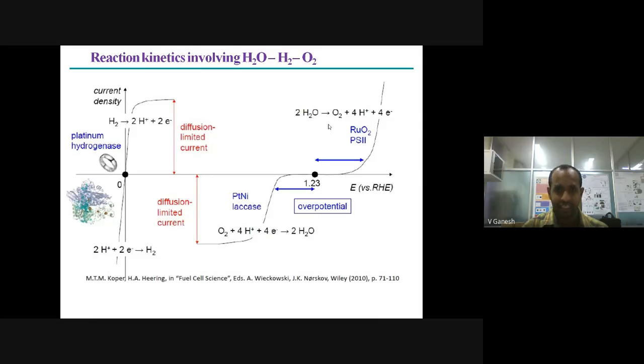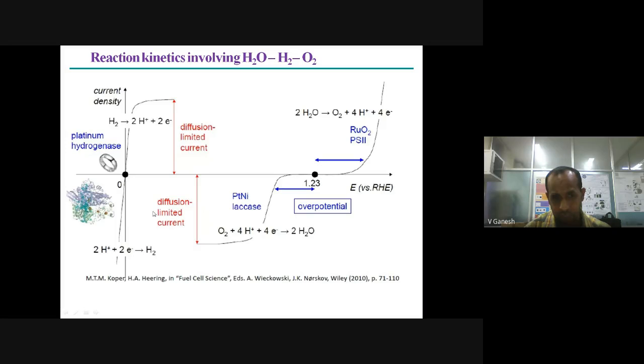Okay, so this is what I was talking about, right? When you go in the positive regime, at 1.23 volt, water splits, oxygen evolves, which typically undergoes a 4-electron process. And the moment you reverse the scan direction, initially oxygen reduction happens, where the oxygen gains those 4 electrons, undergoes reduction to give you water as a product.